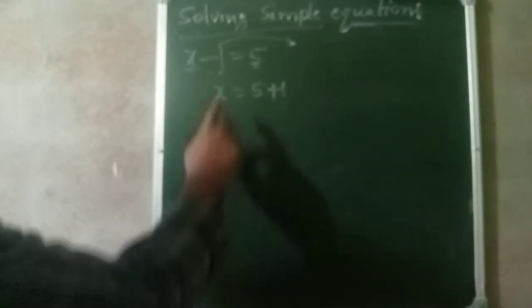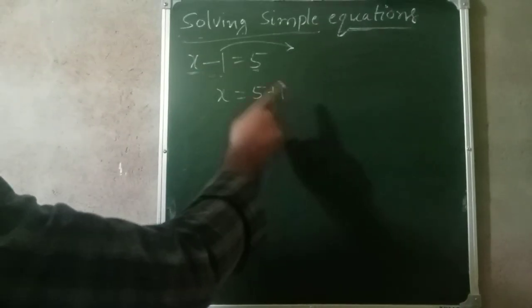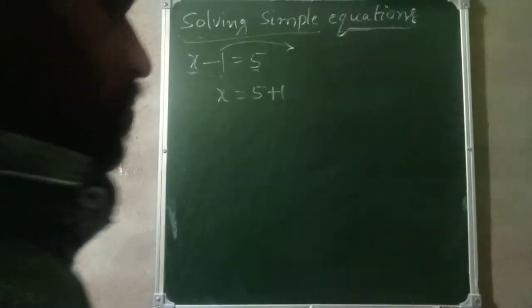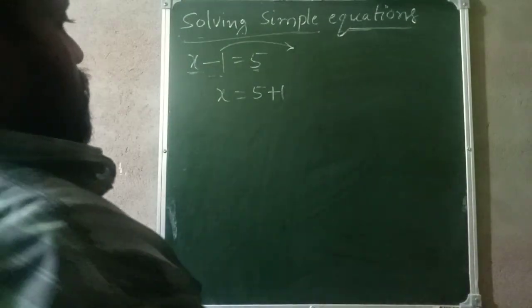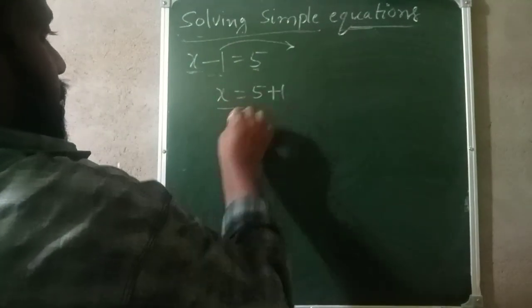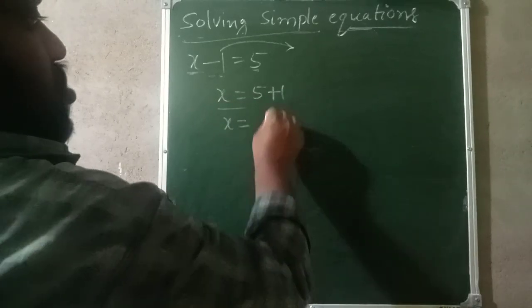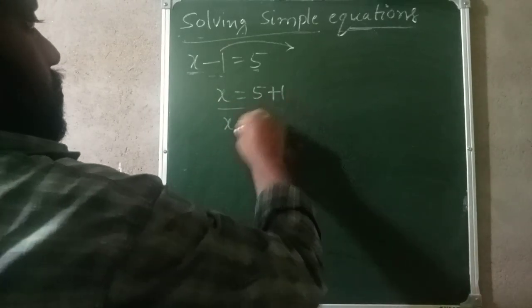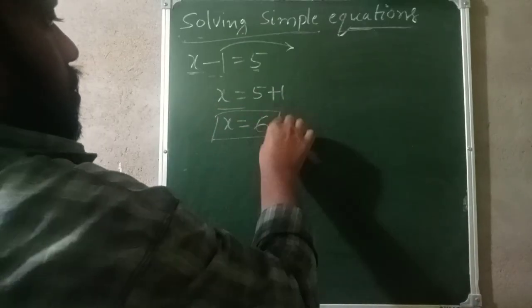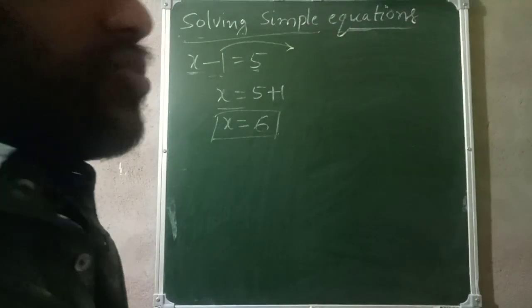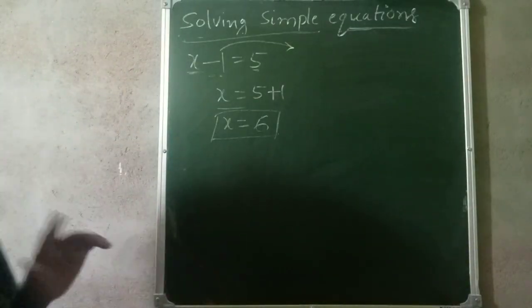That means 1, 1 same, this minus changes to plus. So in the next step, write this x is equal to, so 5 plus 1 is 6. Now see, this x is equal to 6 is the correct answer. This is the perfect answer.